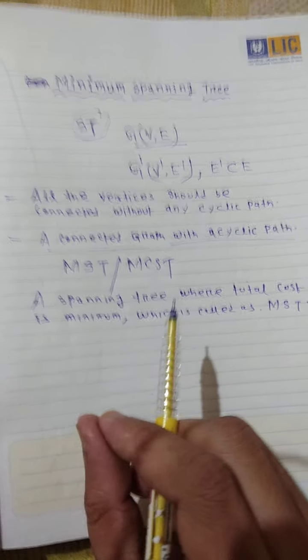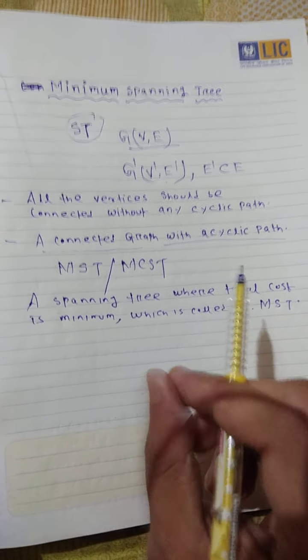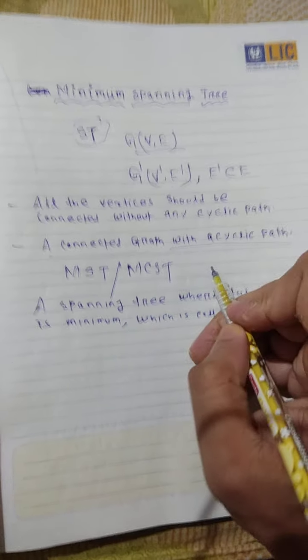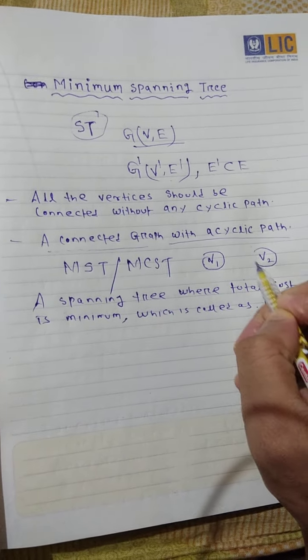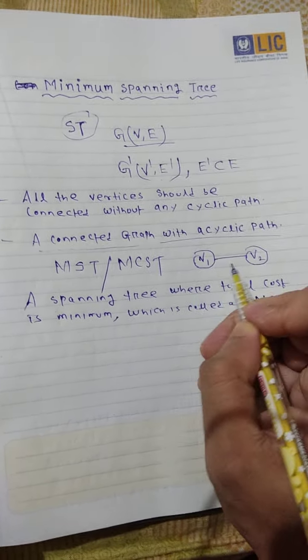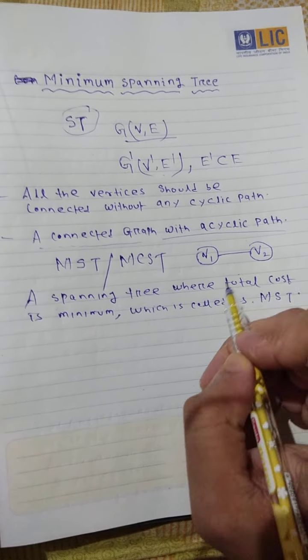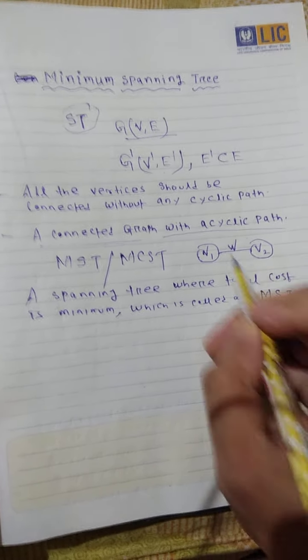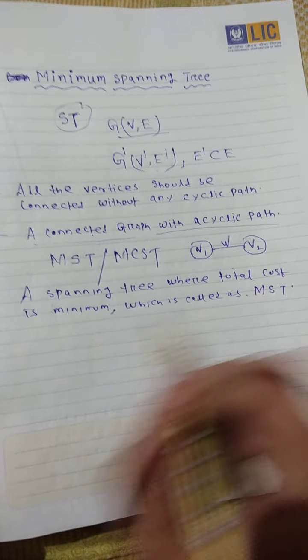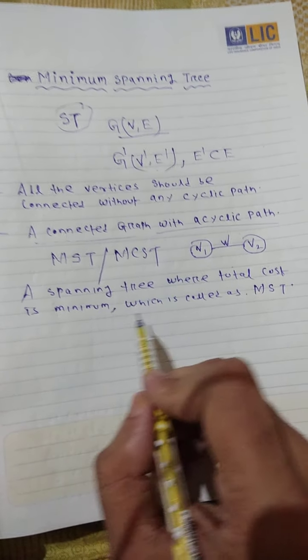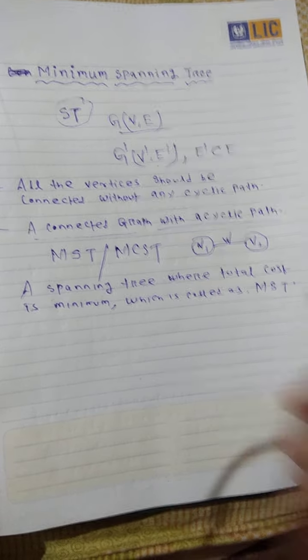These costs are also called weights. Suppose a graph has vertices V1 and V2 and an edge between them. Each edge in the graph is associated with a cost or weight. So the spanning tree where the total cost is minimum is your minimum spanning tree.